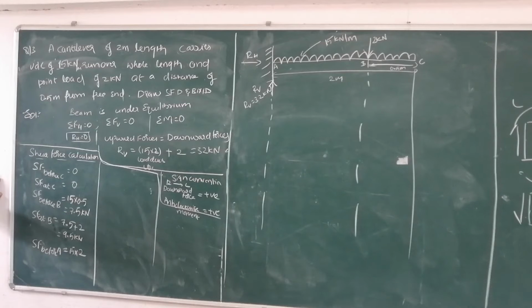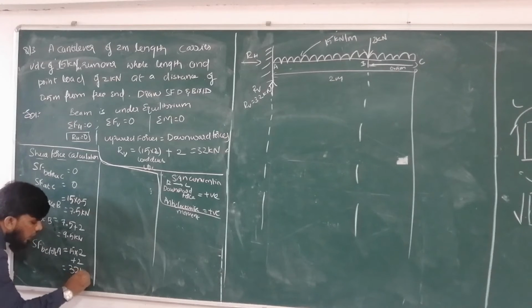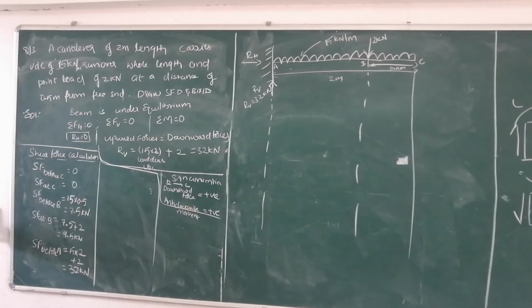So I am taking 2 meters. Along with that, there is another load acting, 2 kilonewton downwards. That is plus 2. We get 15 into 2, 30. 30 plus 2 is 32 kilonewton.